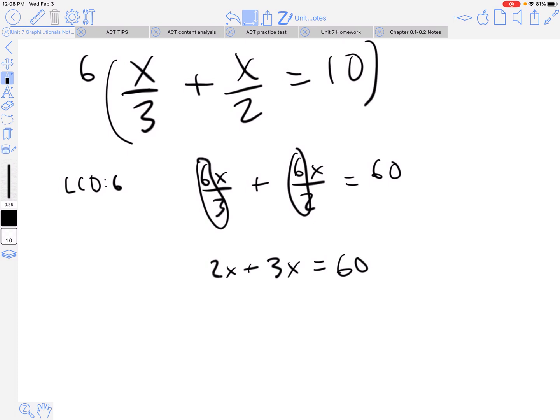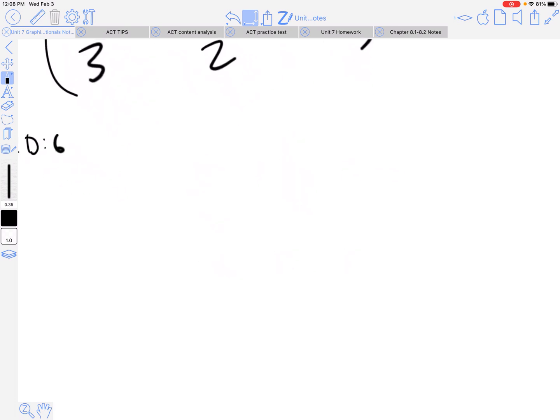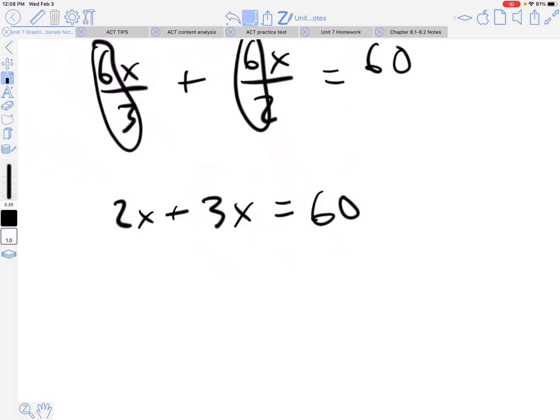So by multiplying by the least common denominator, I know that it will simplify every single denominator, and then it just turns into a 7th grade math problem. We did a lot of these back in 7th grade. So I combine like terms, and then I notice 5 is multiplying 2x, so I have to divide by 5 to get x alone, and the final answer is x equals 12.